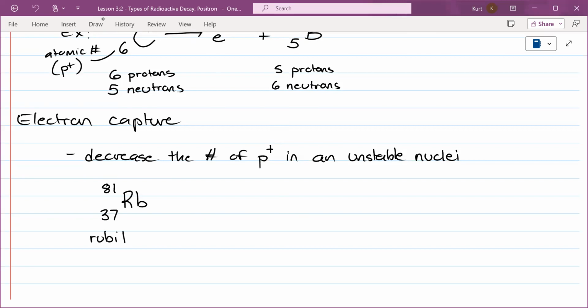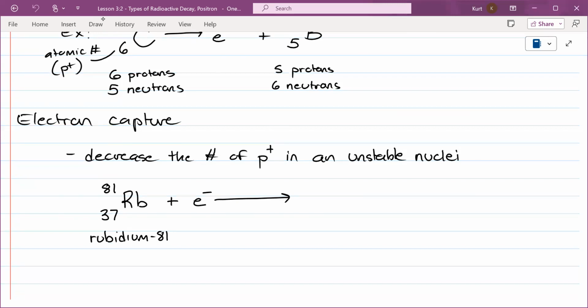I have rubidium 81. And I'm going to add an electron. What number will change? The mass number or the atomic number? The atomic number. So I have 37.